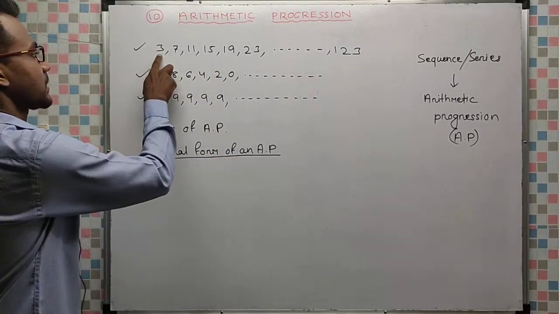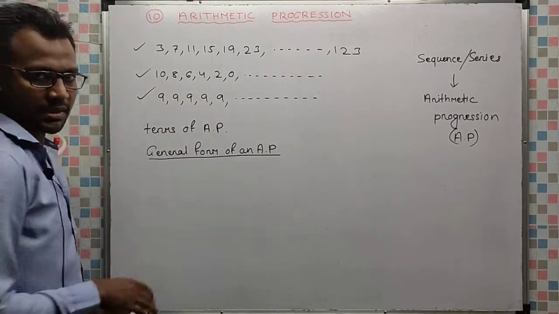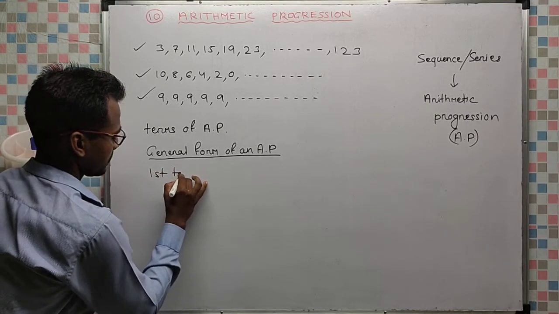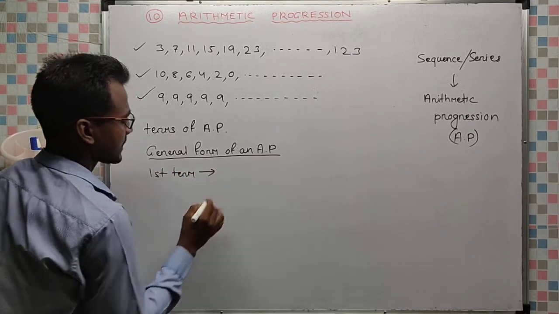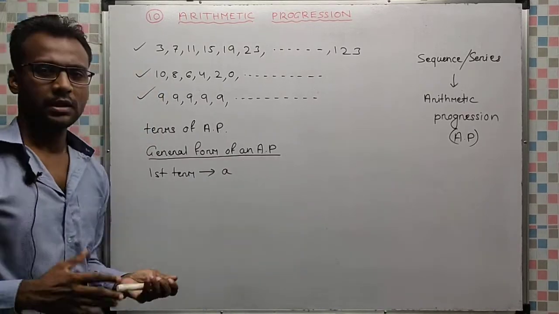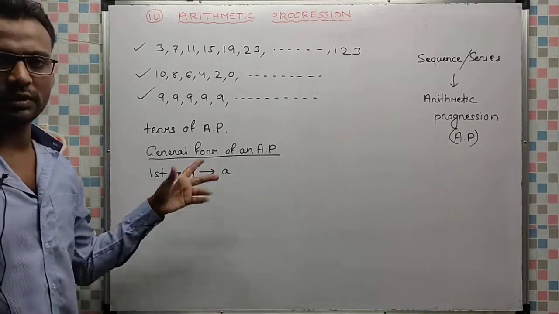See, in this AP, the first term is 3. In this AP, the first term is 10. In this AP, the first term is 9. Okay. The first term is represented using the small letter a. In some books, small t is given, but I prefer to use small a.